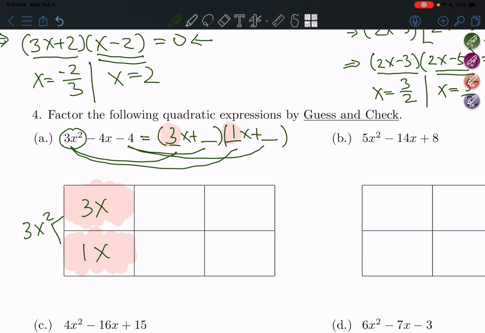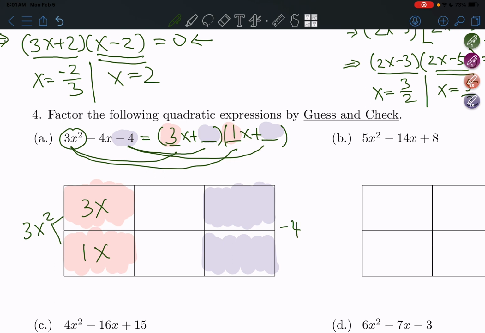Now, the last box requires the factors of negative 4. So that needs to go here. And this is where the guessing part, the guess and check part, is going to show up.